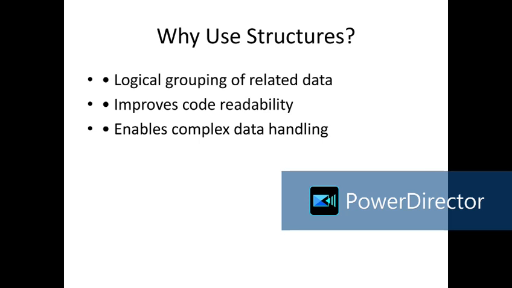Why use structures? Why do you need structures in C? Let's say you want to manage details of students. Without structures, you need three separate arrays for ID, name, and marks. Keeping them aligned would be a mess. Structures let you group related data: struct student s[100].